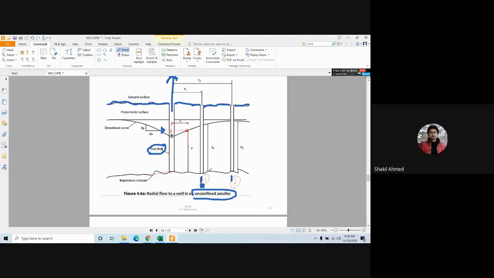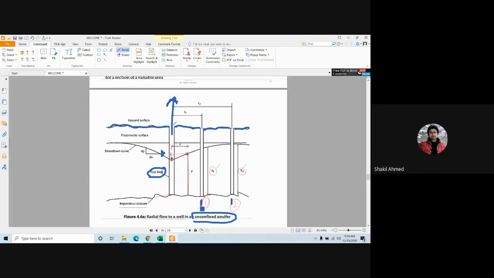Similarly, from the impervious stratum, the water level in observation well 1 is H1 and observation well 2 is H2. Remember that this H1 and H2 are measured from the bottom, that means from the impervious stratum.